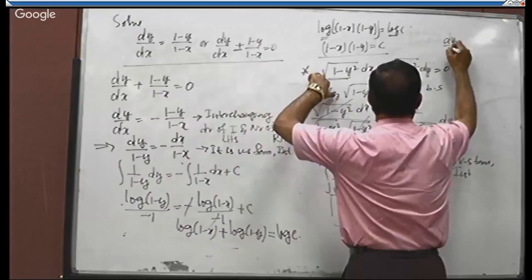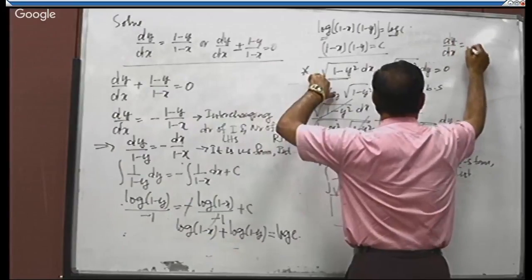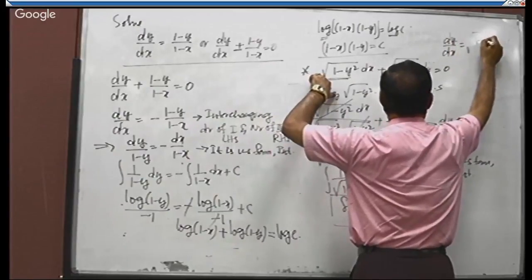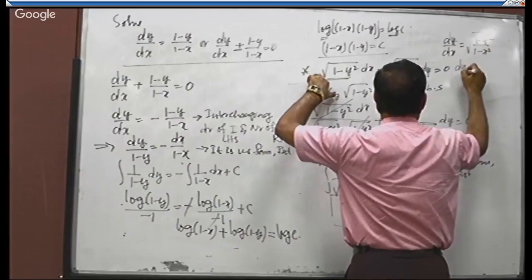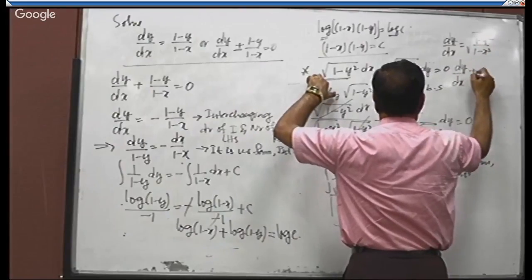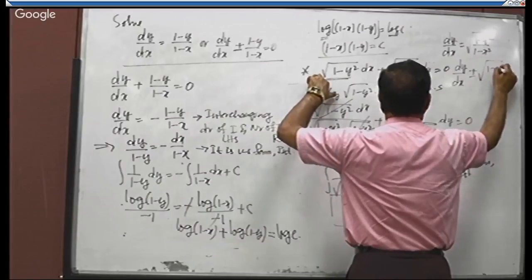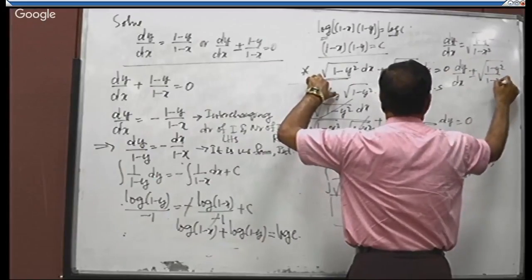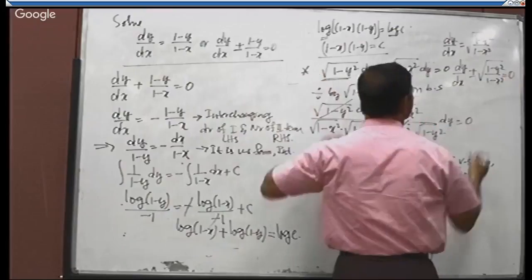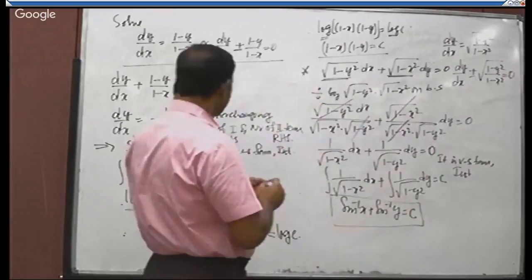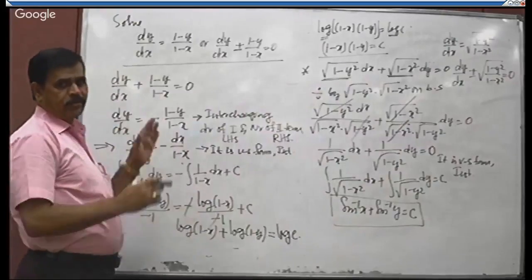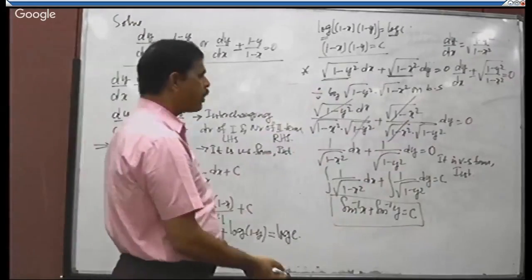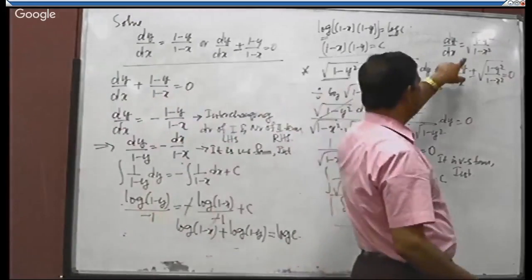The same question will be asked in this form. Solve dy/dx is equal to root of (1 - y²)/(1 - x²), or dy/dx plus or minus root of (1 - y²)/(1 - x²) is equal to 0. As I mentioned in the previous example, you follow the same procedure. First, you take it to the right side if it is given plus or minus.